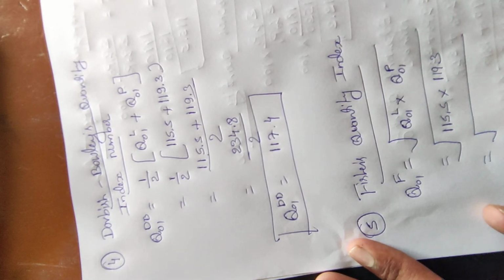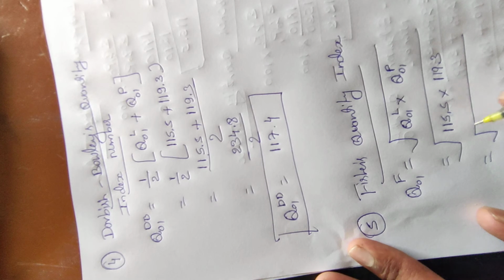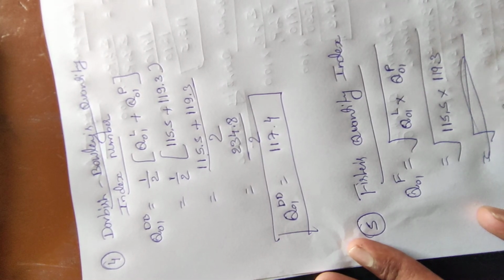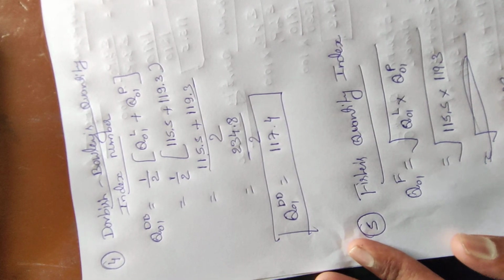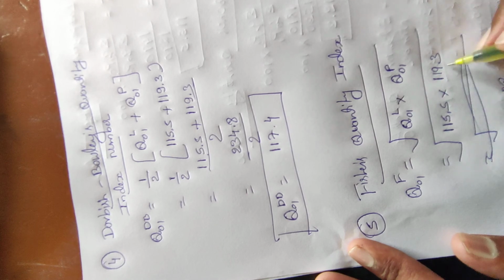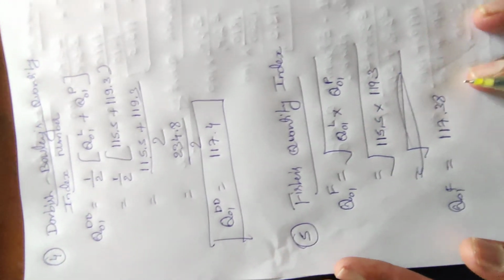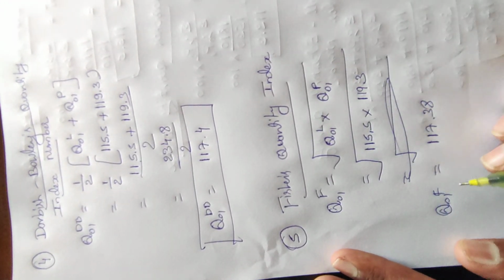So multiply these. Finally I will write the answer. Final answer is 117.38. First we have to multiply, later we have to take the square root.